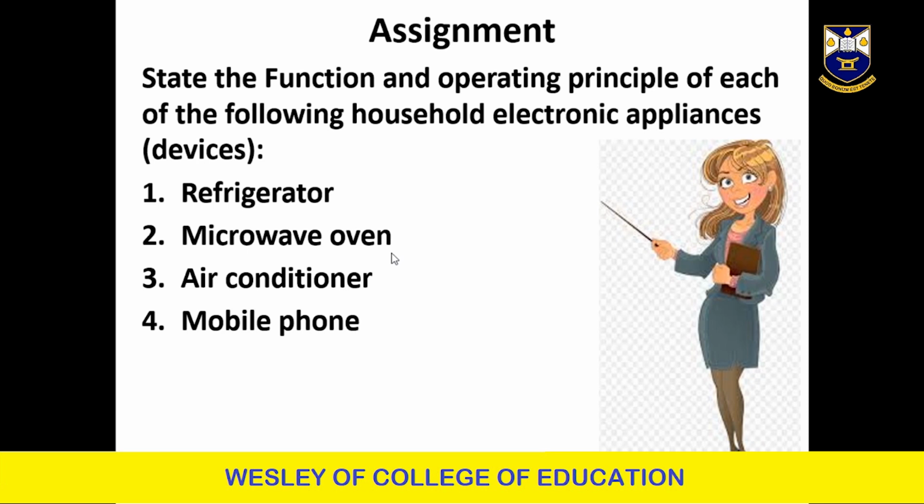Mind you, we live in our homes with these devices. We know what they do, but we don't know how they do what they do. So this assignment is to help you understand the operating principles of the devices which help you in your homes.